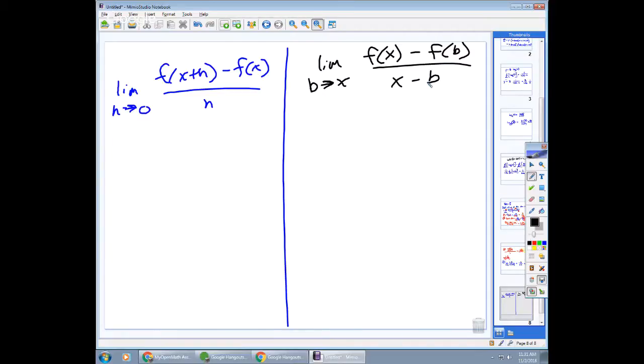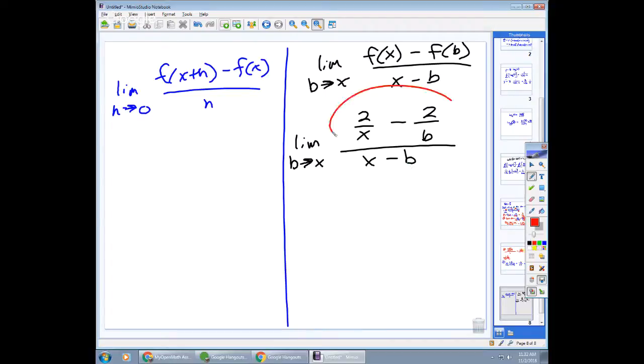So that other problem I just did would look like this, with b going to x. I would have 2 over x minus 2 over b, all over x minus b. A common denominator for the top would be xb, so I'd have to multiply by a b there and an x there.